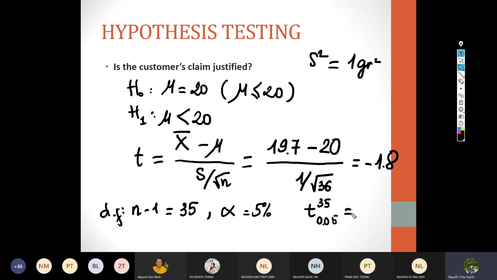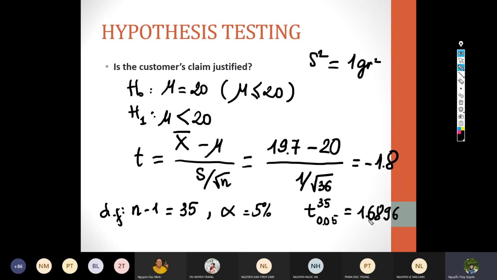Look up in the table, we get the value of 1.6896. So it is approximately 1.69.